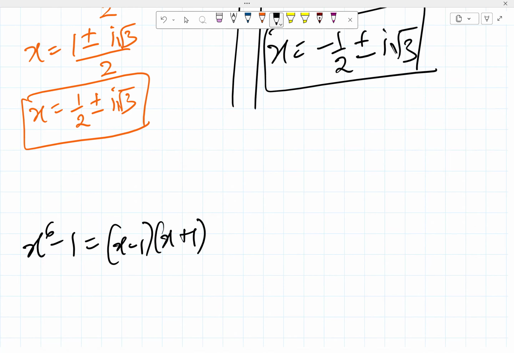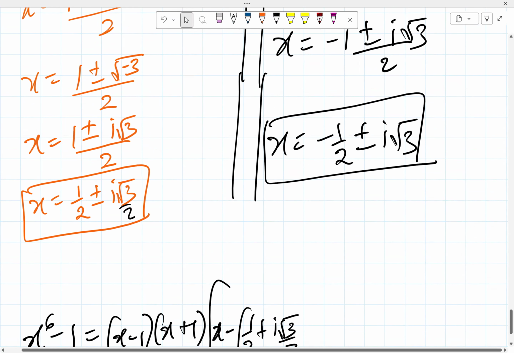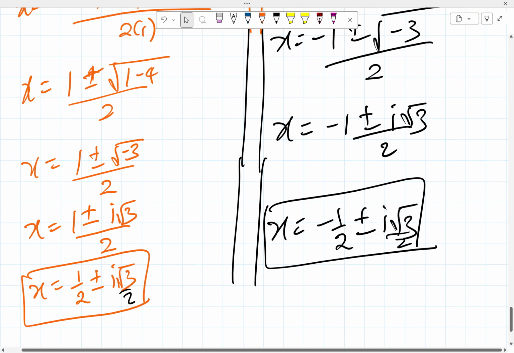That's talking about the real parts. Then the other ones now. For the first one, we have x minus 1 over 2 plus i root 3 over 2. Okay, I mean, this should be over 2 now. So everything over 2, sorry. Yeah, everything over 2.